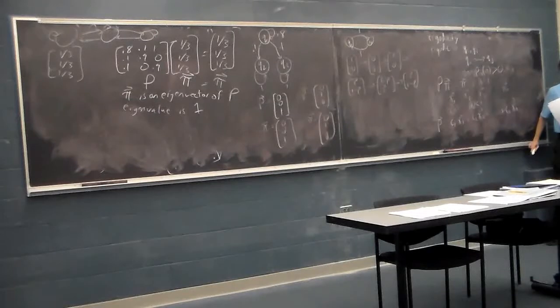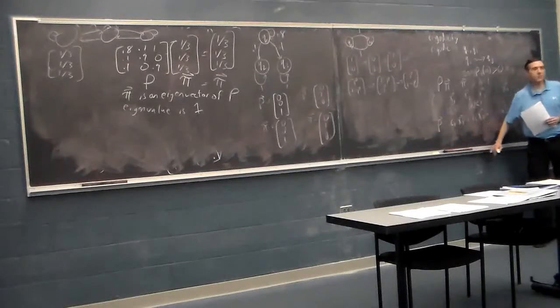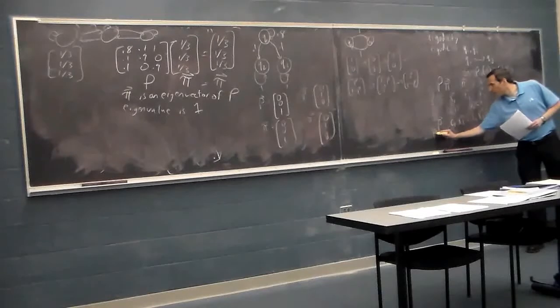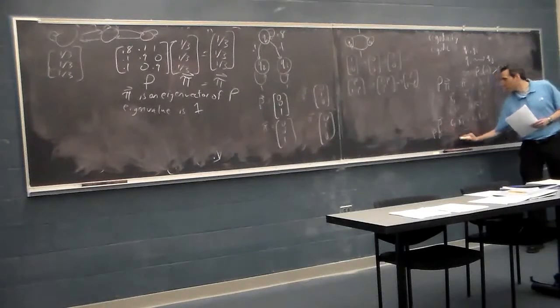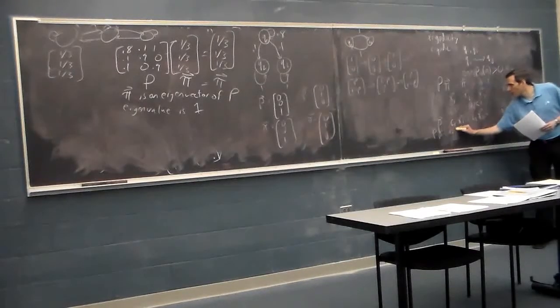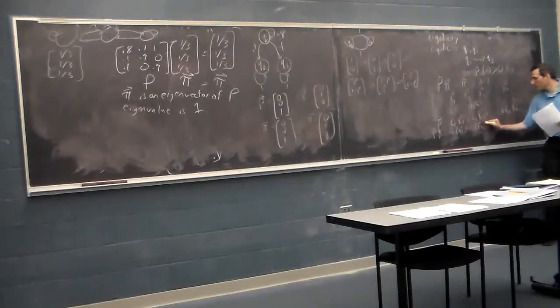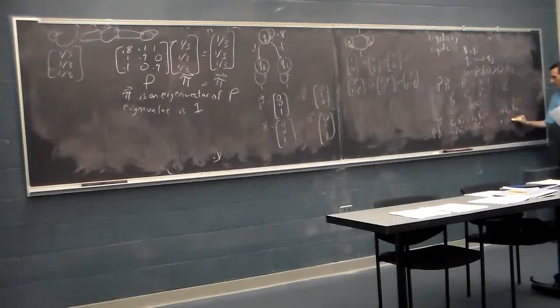So let's suppose that is the case, and start asking what happens when we apply the matrix to some arbitrary probability vector p. Well, after one step, we would say P times p is equal to c1 P x1 plus c2 P x2, etc., up through cn P xn.